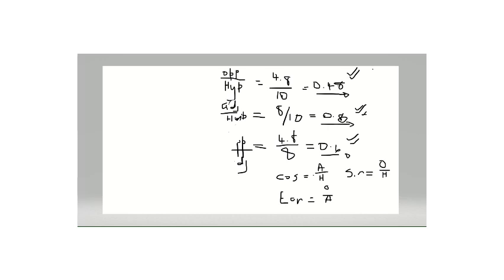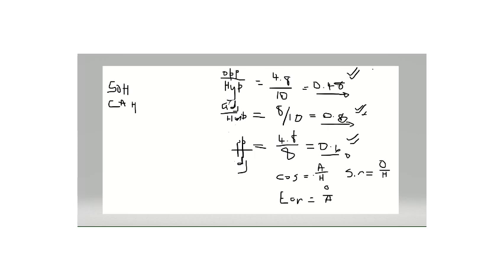Sine has its S. S is equal to opposite, that's O, over hypotenuse, that's H. SOH. Same thing goes with cos. C, A for adjacent, H for hypotenuse.